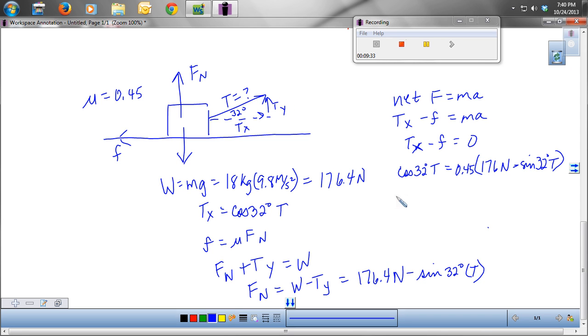So now I have cosine of 32 T, and I got 0.848 when I did the cosine of 32, is equal to 0.45 times 176 newtons minus the sine of 32 T. The sine of 32 T is 0.5299.